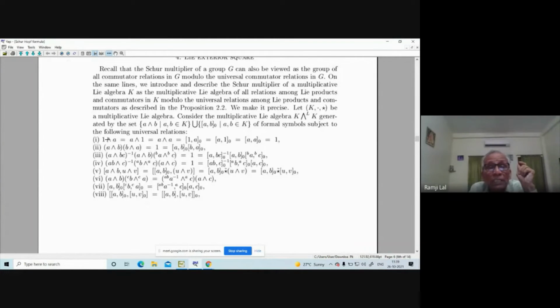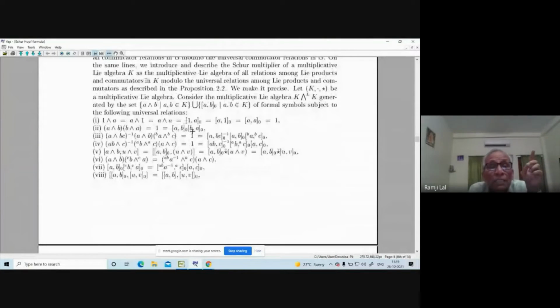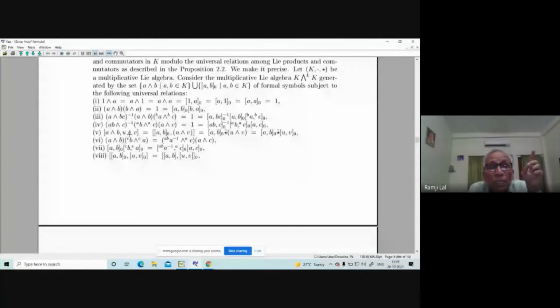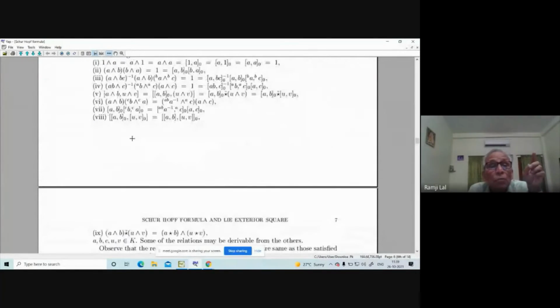These relations are the usual relations which were defining relations for the multiplicative Lie algebra. In other words, we are having two multiplicative Lie algebras on G with the help of A cap G and A B cap. All these relations are satisfied, except a few of these are the compatibility conditions mostly.